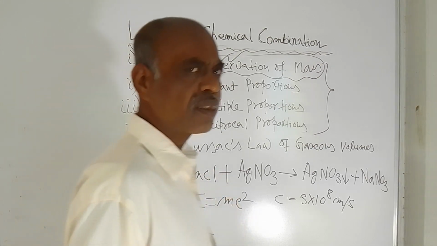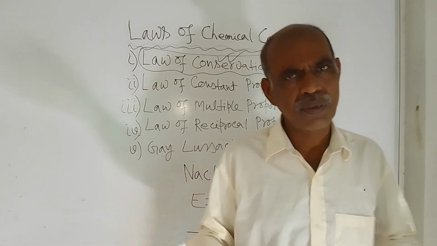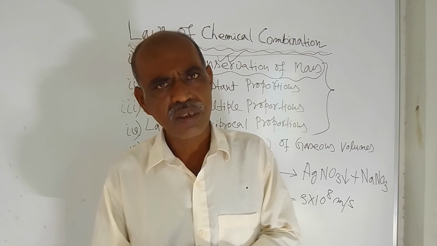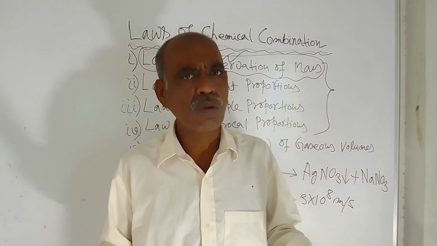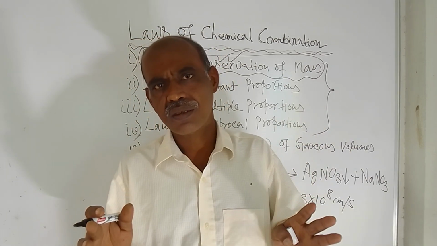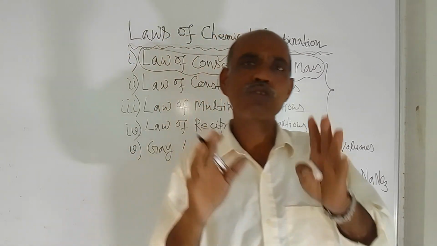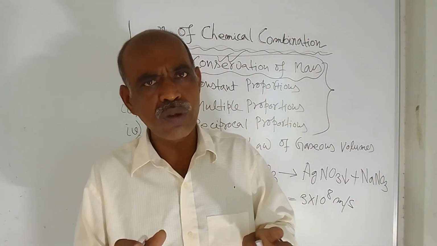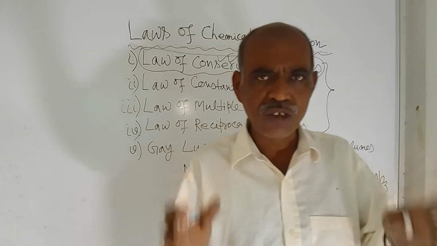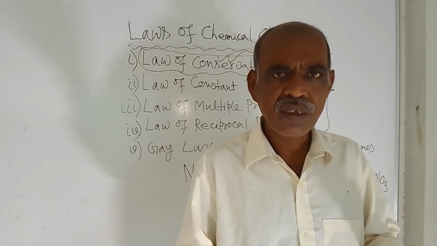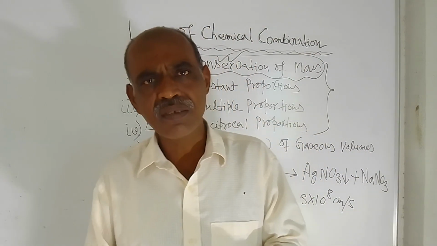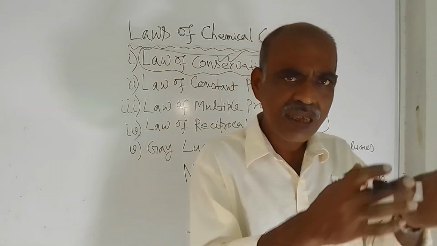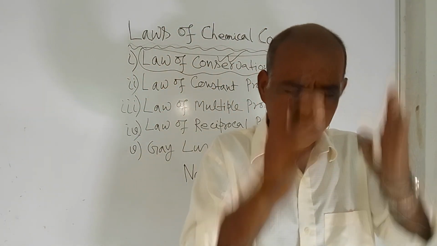Okay, so this was the law of conservation of mass. Once again I want to state the same thing. Mass can neither be created nor be destroyed. It gets transformed from one form to another. This is the conservation of mass principle. The same thing can be stated this way also. In any physical or chemical change, the total mass of the reactants is equal to the total mass of the products.